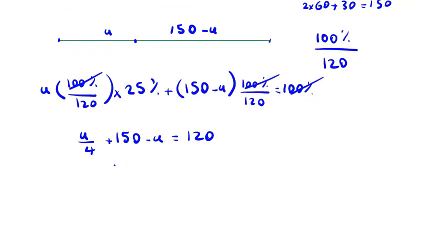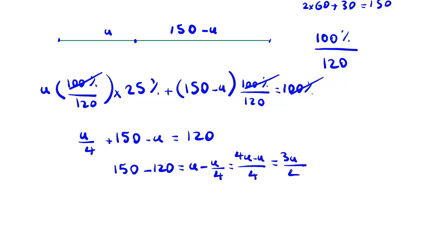Now you can take 120 to the left hand side and negative u to the right hand side: u minus u over 4, which is 4u minus u, which is 3u over 4, and it's equal to 30. So if we divide both sides by 3, it will be 10, so u equals 40. So the answer is equal to 40 minutes.